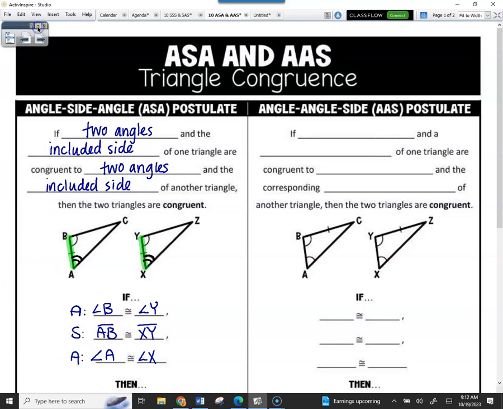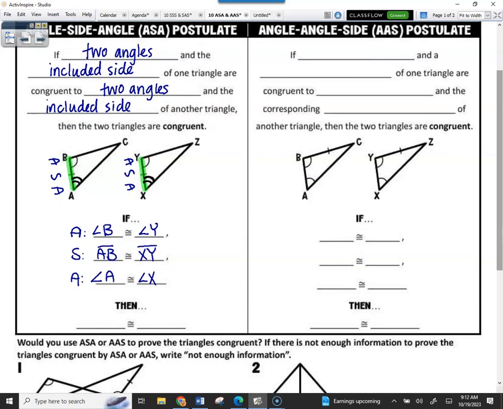And if you go right next to the triangle, you can clearly see, okay, that's an angle, that's a side, that's an angle. That's ASA. Come over here, confirm the same thing. That's an angle, that's a side, that's an angle. So the two triangles would be congruent. Let's name them. I'm going to call it ABC. If I call that one ABC, I've got to call the other one XYZ.